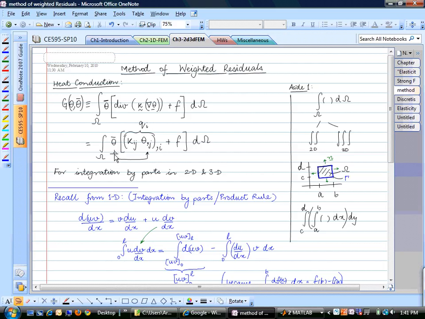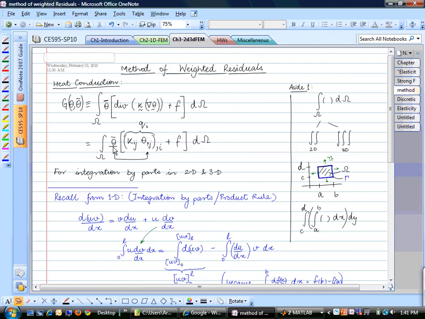So now we said that, okay, since this is the form that we also had in the one-dimensional problem, what we need to do is balance the derivatives. Here you can see theta comma j and the whole thing comma i. So there are two derivatives on theta. Theta is just a function, the temperature field over the body.